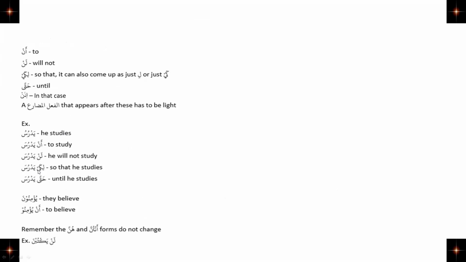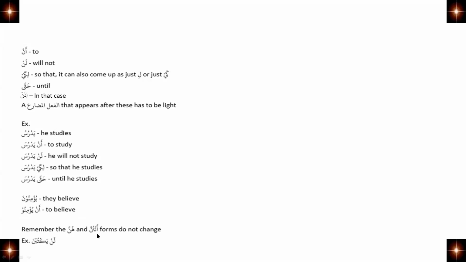So these an, lan, likay and hatta are the ones that make it fatha, or make it light, as we say. And then the word yu'minuna, and an yu'minu: the moment I put the an on it, it becomes yu'minu. So the noon drops. So either the noon drops or the fi'l, if it has no noon at the end, will take fatha.